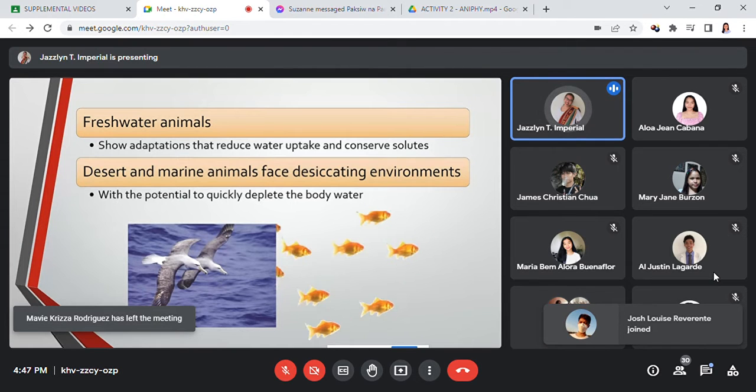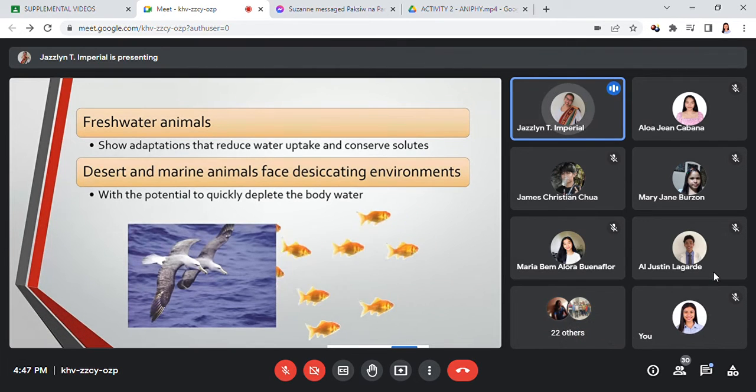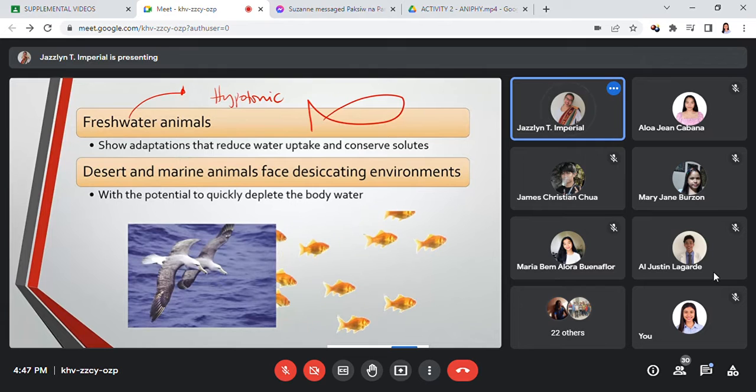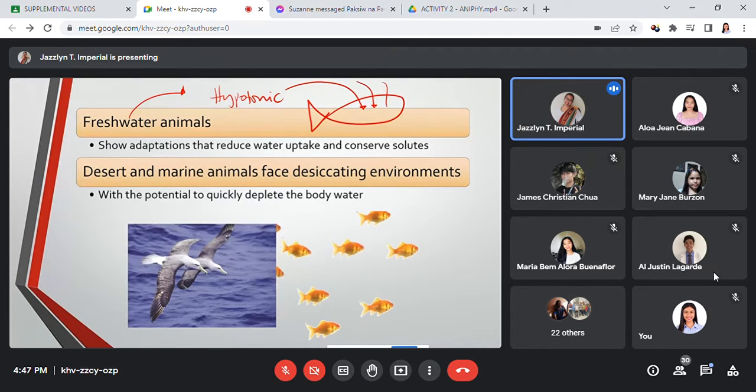The same with freshwater animals, they have an adaptation to limit their uptake of water. Because if it's fresh water, it means that the environment is hypotonic. So when the environment is hypotonic, for example, if this is your fish, the tendency is for the water from the environment to enter the organism.